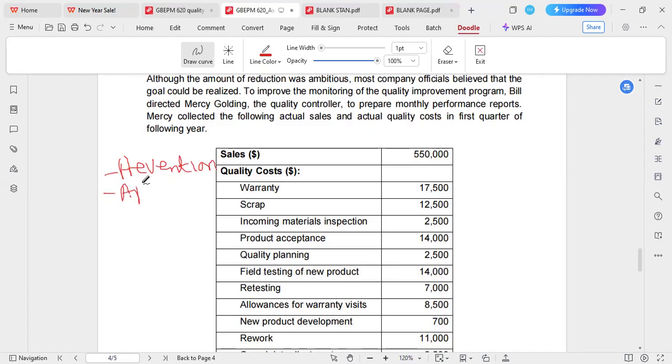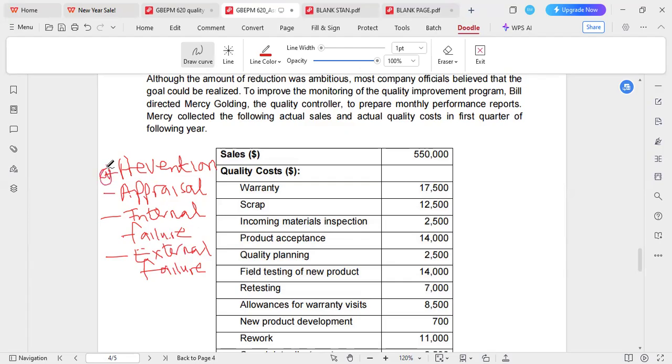We have the appraisal, internal failure, and we also have external failure. So these are the four costs of quality that we actually consider: prevention, appraisal, internal failure, and external failure.